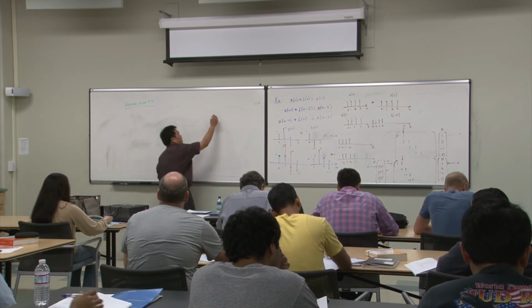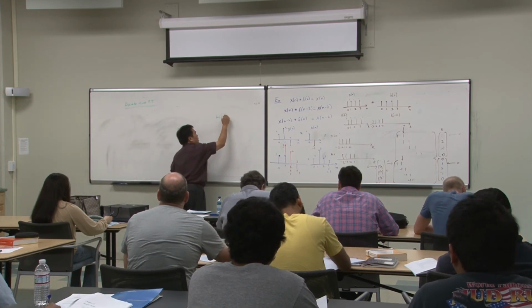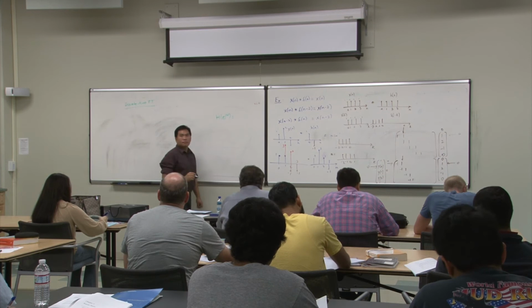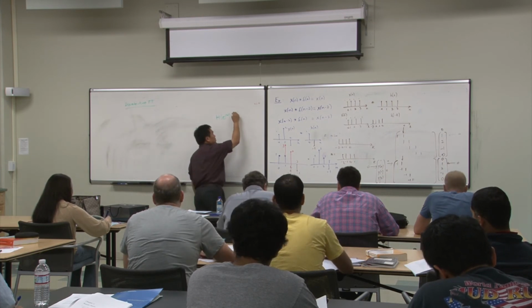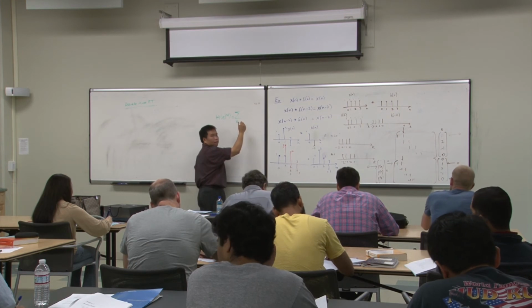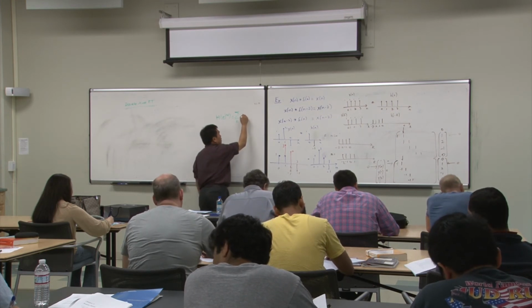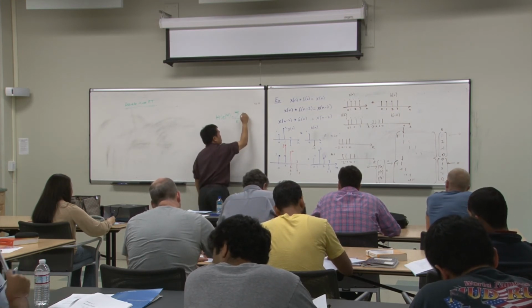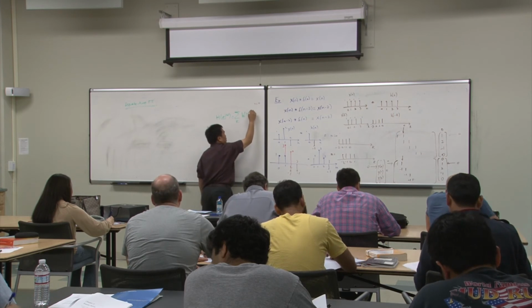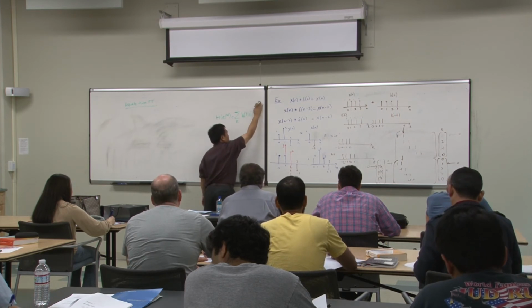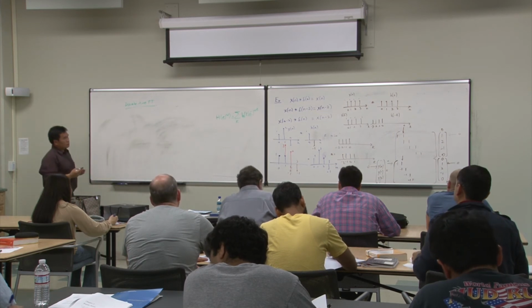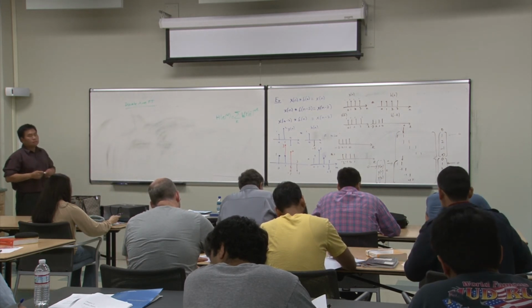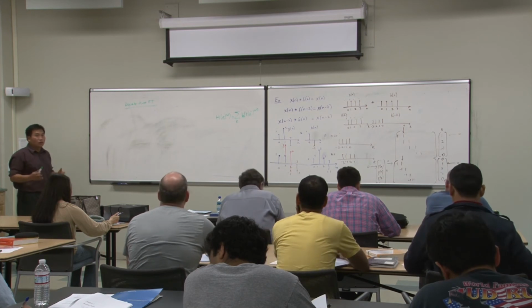What is H of e to the j omega? It's the sum of h of k e to the minus j omega k. Right? That's the definition that we all know.